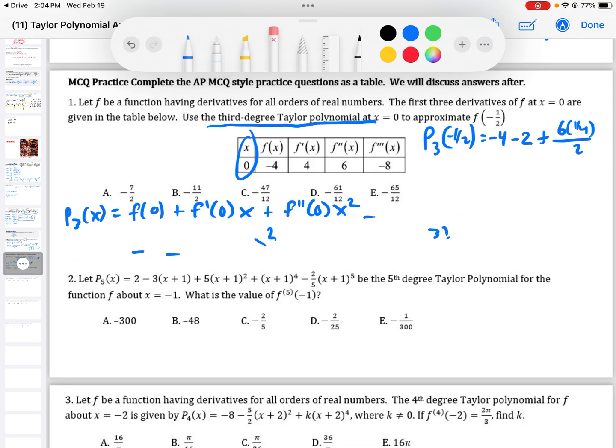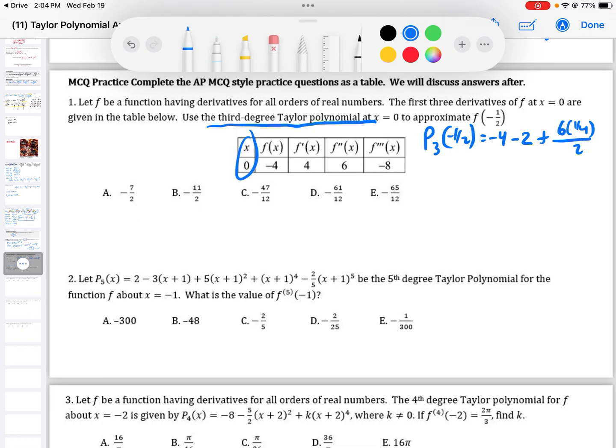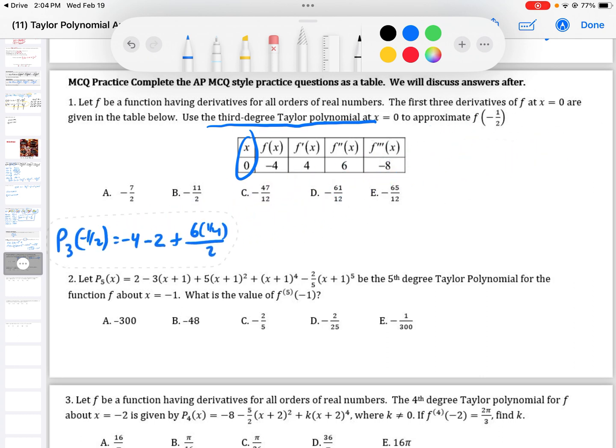I'm running out of room. Minus 4 over 3 times negative 1/2 cubed, which would be negative 1/8.